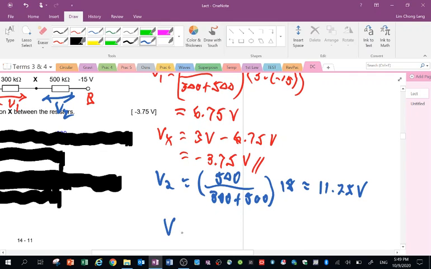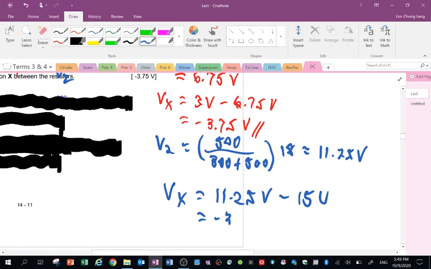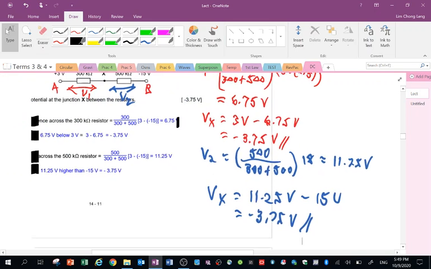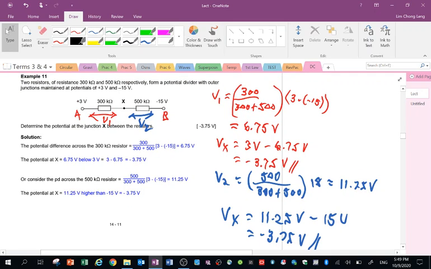The potential at X is 11.25 volt above minus 15. That gives me again minus 3.75 volt. Both ways I get the same answer. You may want to pause the video to appreciate the working. This is the working for example 11. Shall we move on to example 12?